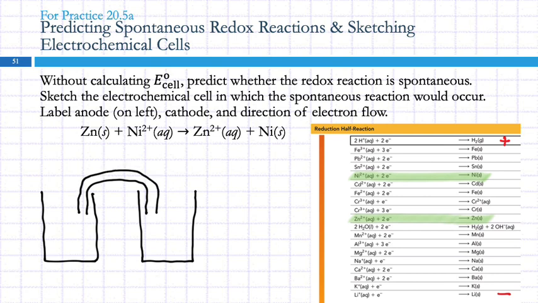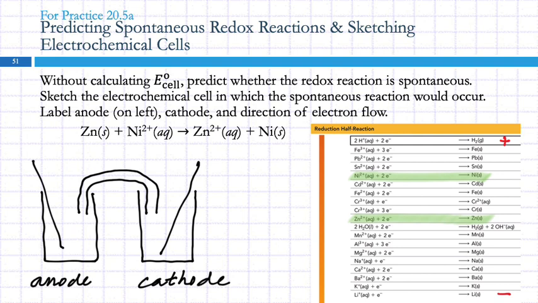So we've got our salt bridge, and we've got some electrodes. This is the anode. This is the cathode. So the zinc is losing electrons. So the zinc is over here, its electrons are going that way. These are connected by a wire with a little meter in it. So electrons are moving that way. So this is the zinc, the solid zinc, and this is where the zinc ions are.